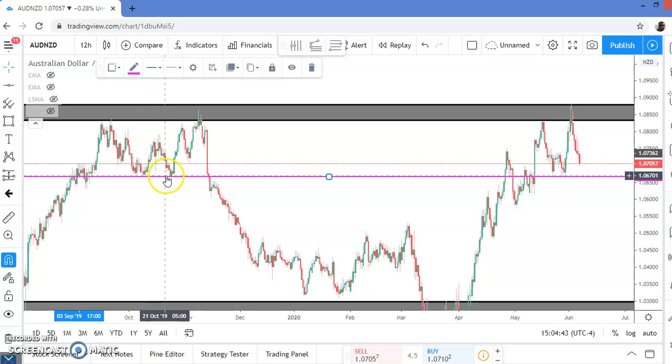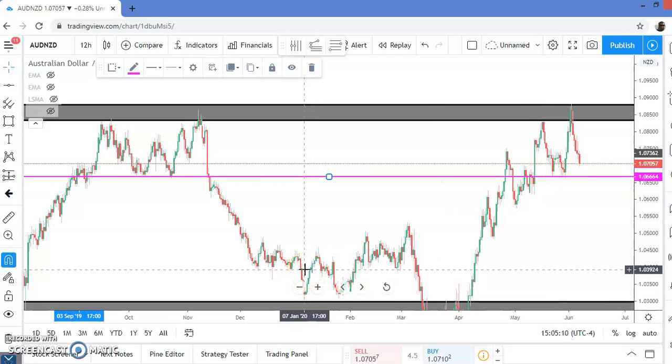As you can see, price hit it at least 4 times since October of 2019. And our weekly resistance level covers the resistance that we see on this time frame.